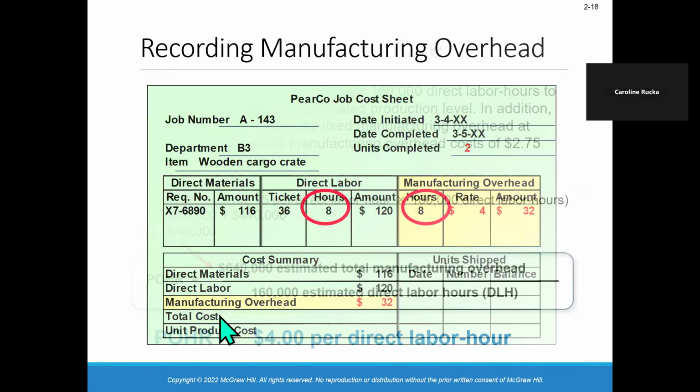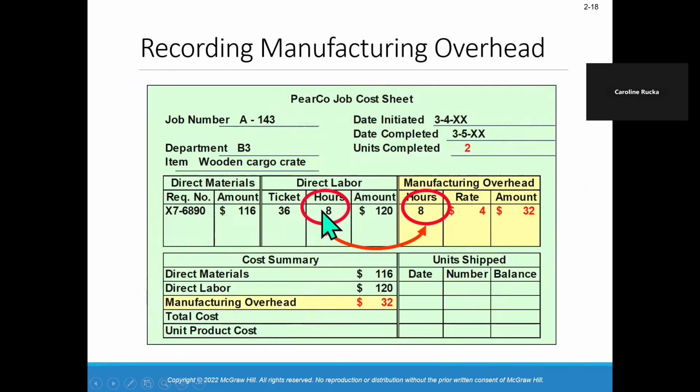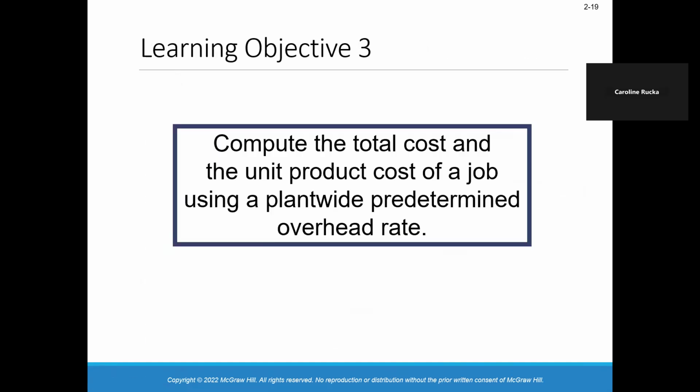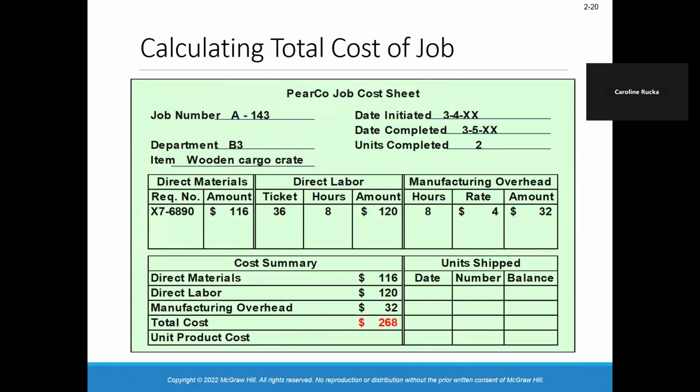All right. So we know that we used 8 hours of direct labor. So we are just going to slap that over here. Then our rate is $4 per hour. That'll give us $32. So the total cost to us for this job, right?